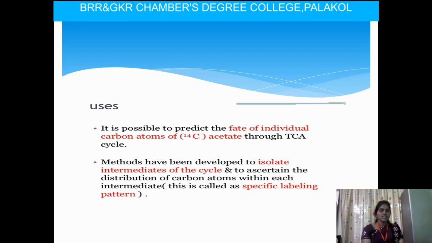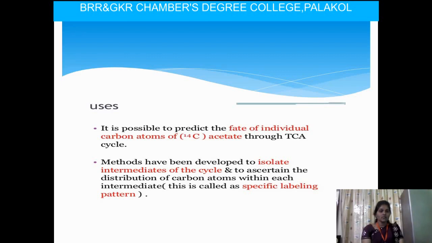For example, in the TCA cycle and also in the glycolysis cycle, how the enzymes are going to give some of the importance. For example, in glycolysis, if we take the first step, glucose is converted into glucose 6-phosphate. Okay, so how the conversion will be followed by using some of the radioisotopes.